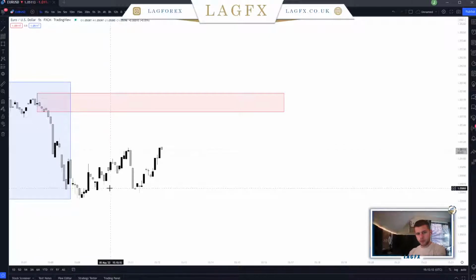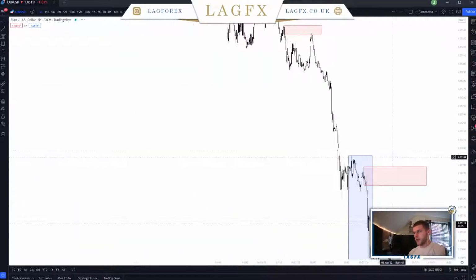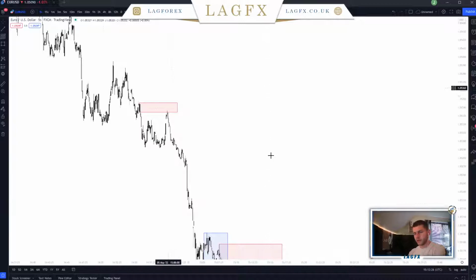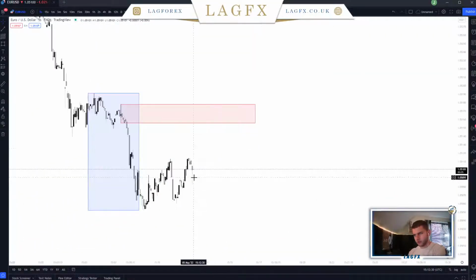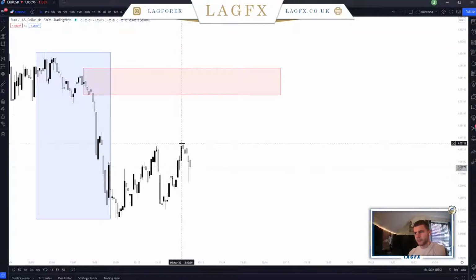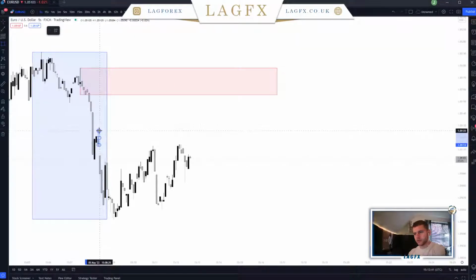So it seems like price has the desire to now start running bullish, whether for the purpose of mitigating this zone or giving us a mitigation higher up, which we'll look for. If this is broken, we'll then start looking for points of interest higher, although I'm not currently too concerned about that. We'll just see what happens. It could still be, although I doubt it, a mitigation of this region.